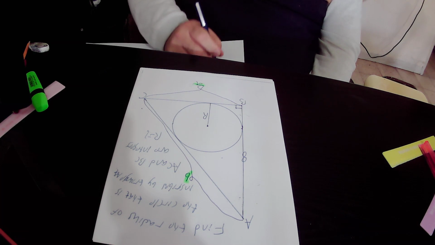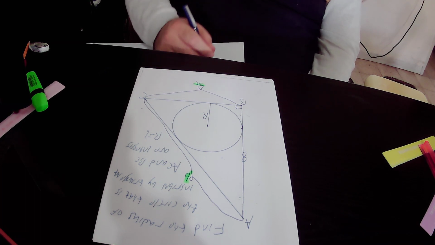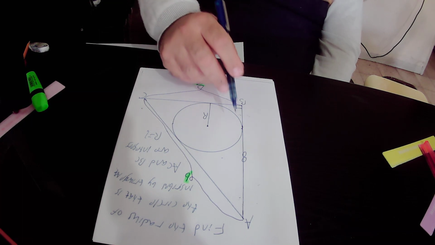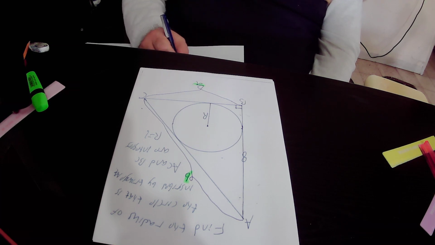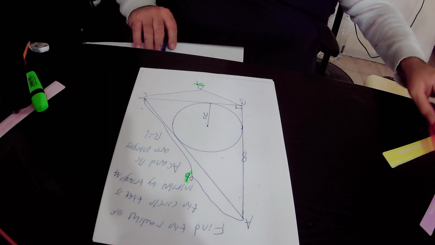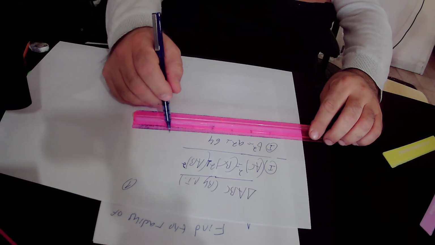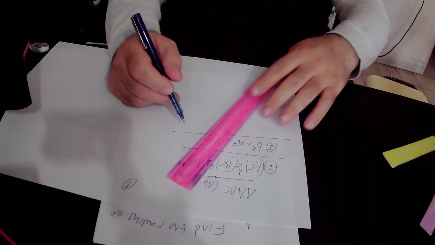It is equal to BC squared, and BC equals A according to our definition, so it is A squared plus AB squared. AB equals 8, so AB squared is 8 squared, that is 64. So we find out that B squared equals A squared plus 64.